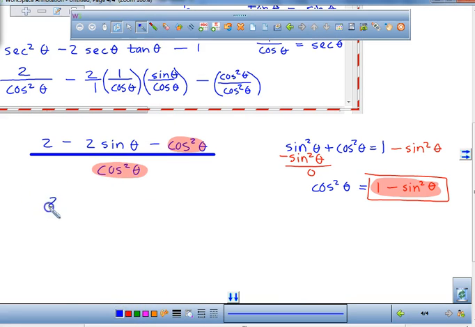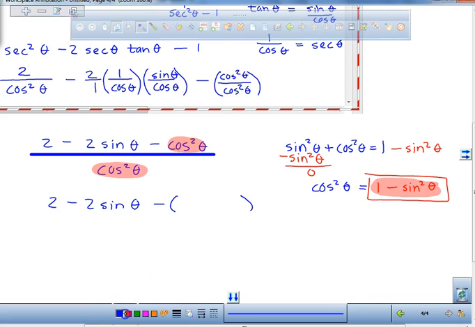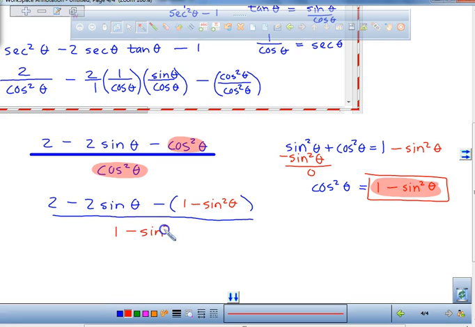So we have 2 minus 2 sine of theta minus, open parentheses, what am I going to plug in the place of cosine squared of theta? 1 minus sine squared of theta, all over. What's going to go in the denominator right here? That's right. All right. Now, let's distribute.